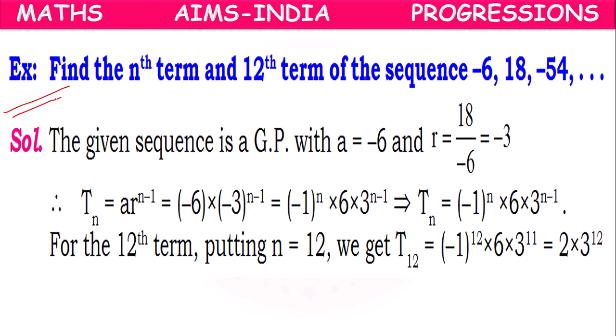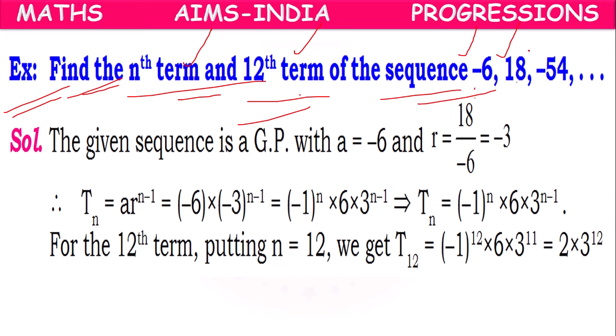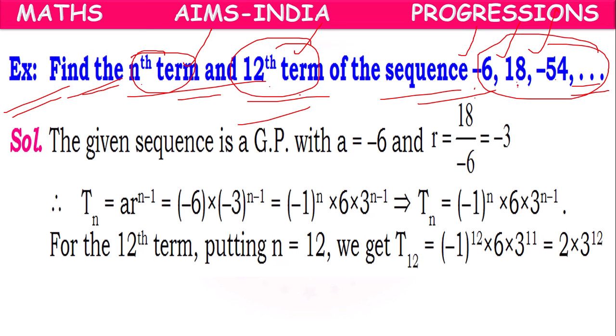We have an example problem here. Find the nth term and 12th term of the sequence minus 6, plus 18, minus 54 and so on. We have to find the nth term and after that the 12th term of the given sequence. So the given sequence: 6, 3 times is 18, 18, 3 times is 54, but we have minus, plus.